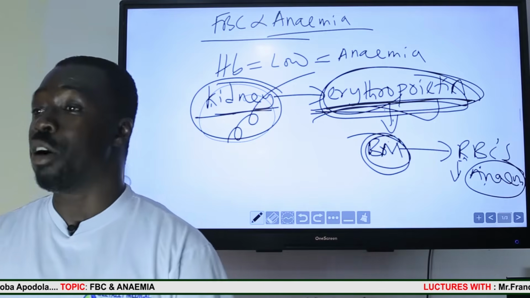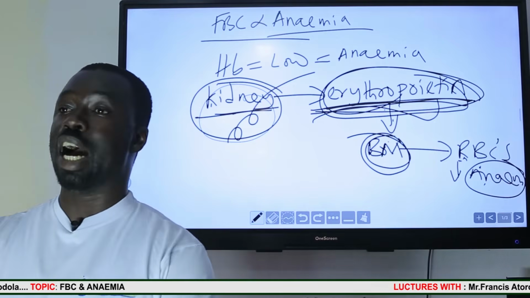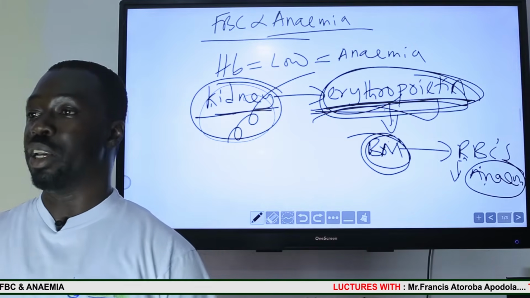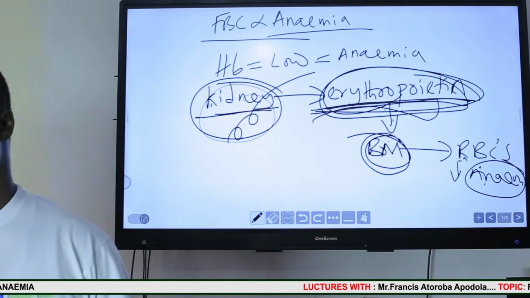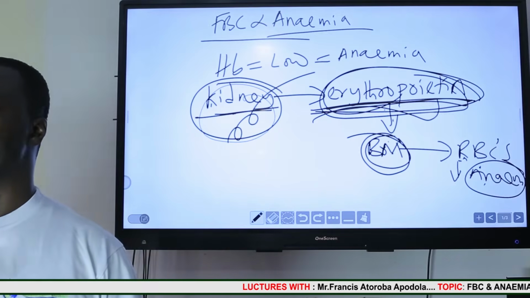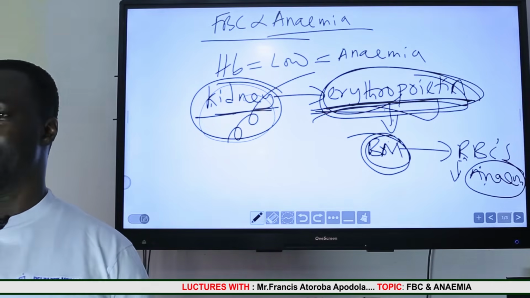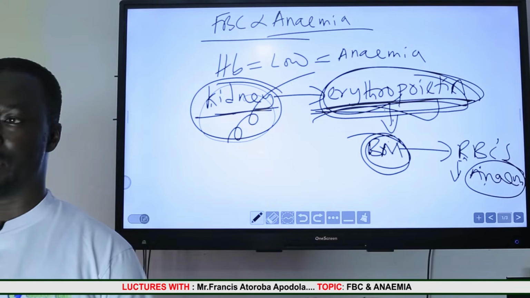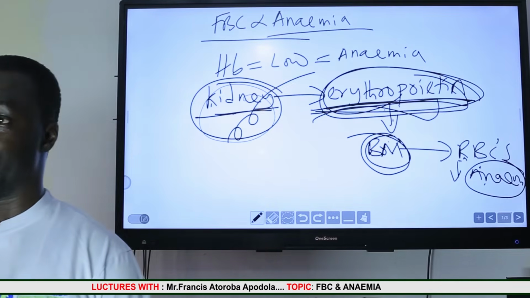You can have your iron, you can have your folic acid, you can have your B12, let them all be available. But erythropoietin is like a catalyst. Isn't it that when an enzyme is absent in a chemical reaction, the reaction cannot occur? What do we define an enzyme to be? We say an enzyme is a biological catalyst that speeds up the rate of a chemical reaction.